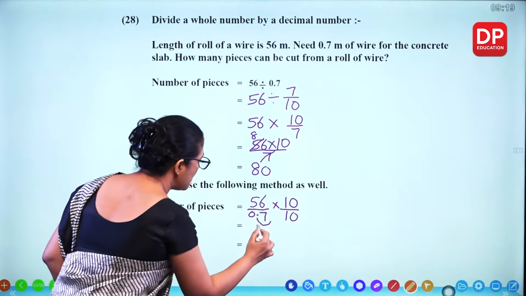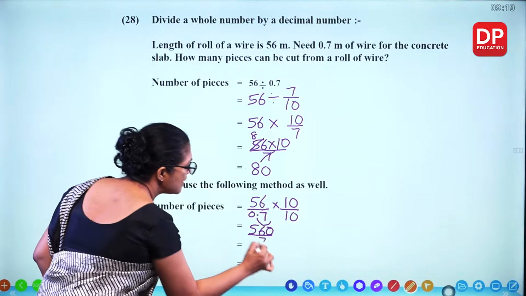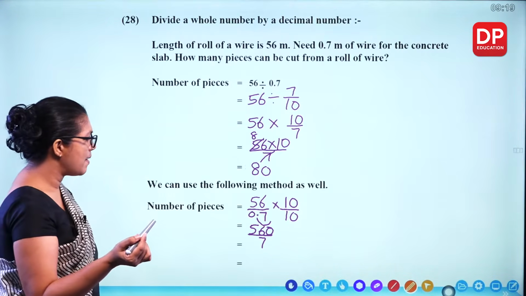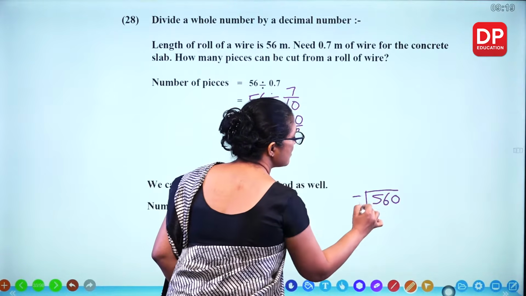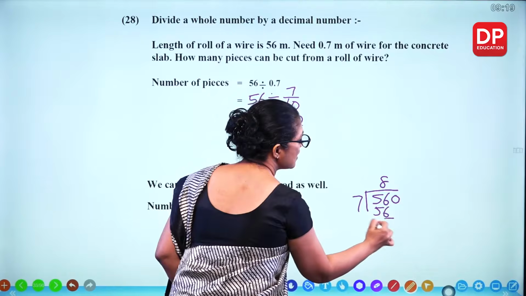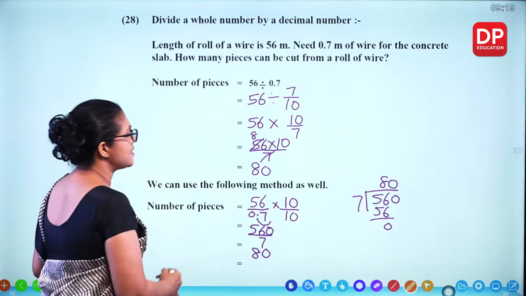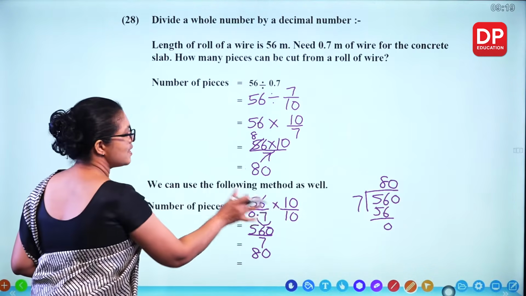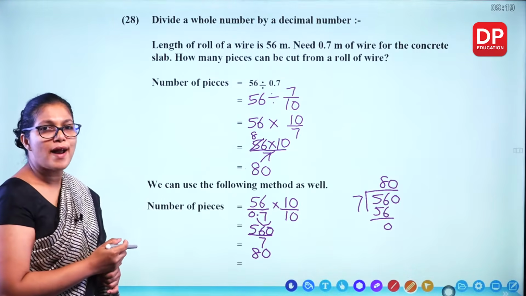So what happens here? 560 divided by 7. So what is 560 divided by 7? You get 80. So 80 pieces you can get. So which method is easy? Using this method is easy rather than converting to a fraction.